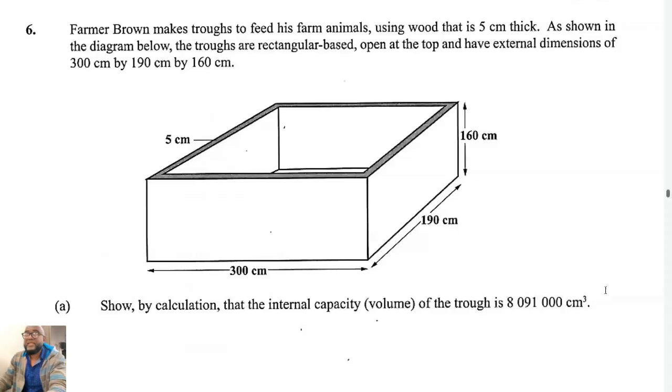8,091,000, right? Let's see if we can figure out what the internal length is, what the internal width is. Lock in, right? Internal length, internal width, and internal height. What will be the internal length, which will be the distance from here to here?